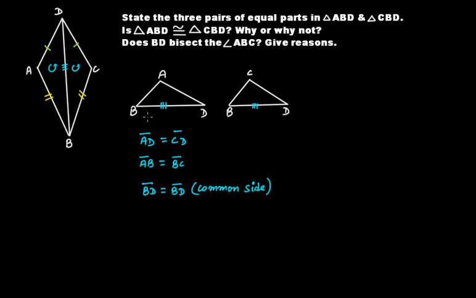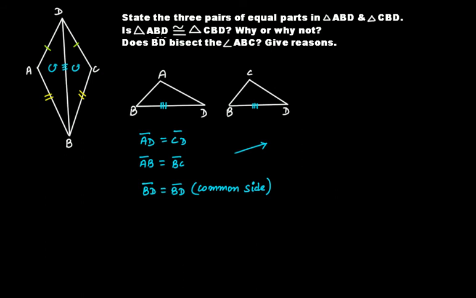Why common side? Because when we separate these two triangles, BD and BD are two common sides which have been represented by a single line segment here. So clearly, these three pairs, AD and CD, AB and BC, and BD and BD, are equal parts in triangle ABD and triangle CBD.